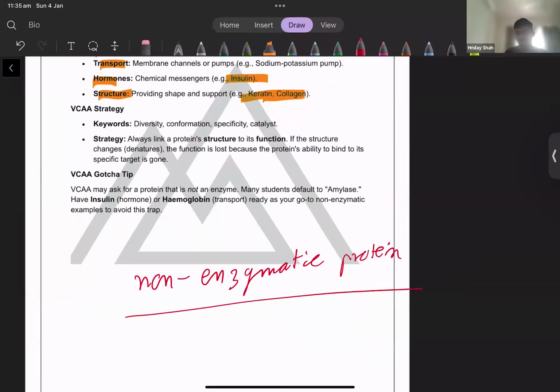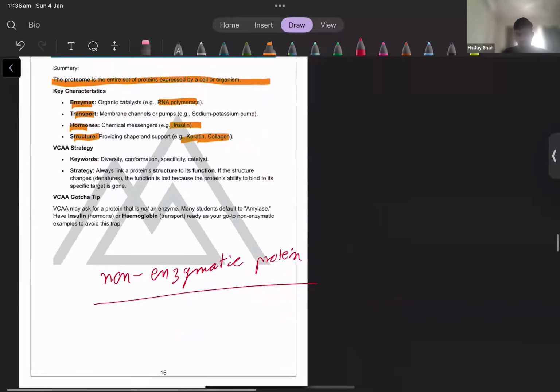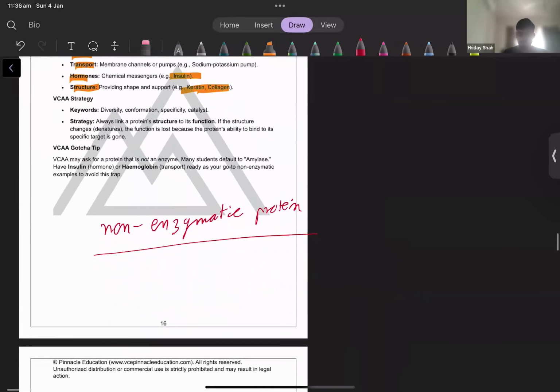The reason they do this is because protein is its own subsection. So if they're going to test that separately later on, they don't want to test enzymes in area of study 1. So that's why I said you should know one example of an enzyme and one example of another protein that is not an enzyme. Because if they just say protein, you can go with enzymes, but sometimes they will specify non-enzymatic.